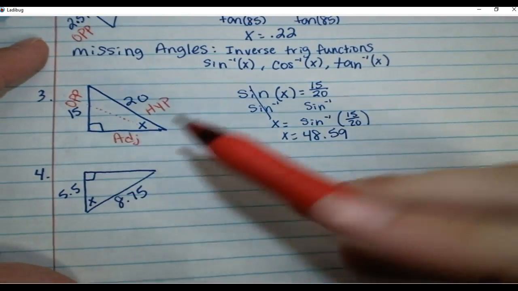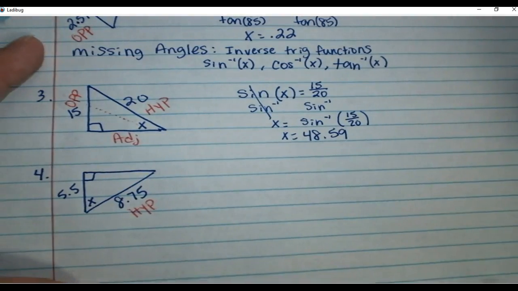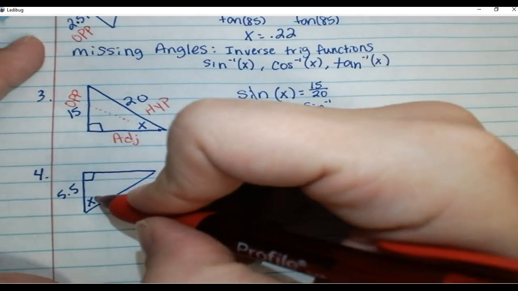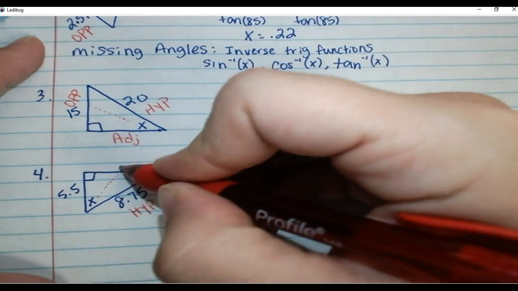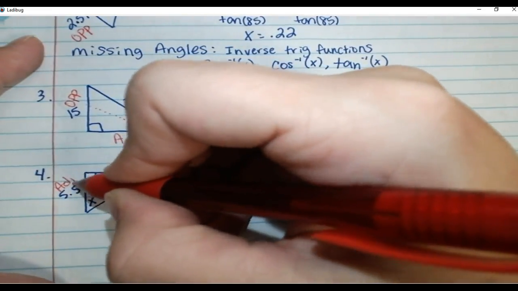Here's our right angle. So that tells me that 8.75 is my hypotenuse. X is my important angle. Draw my dotted line, takes me to the opposite. And that means that 5.5 is my adjacent.